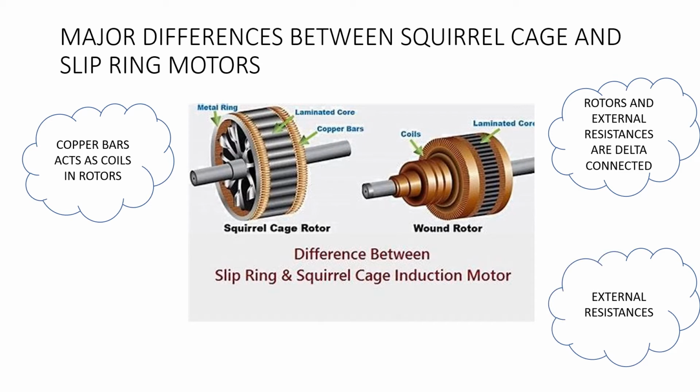And in the wound rotor motor, the coils are insulated in the rotor and through those coils external resistances are connected. So this is the reason why rotor resistance control, which is a speed control technique, is applied only in the slip ring induction motor, since it has external resistances which can be varied to study torque control characteristics and speed control characteristics, which is not possible in a squirrel cage induction motor.